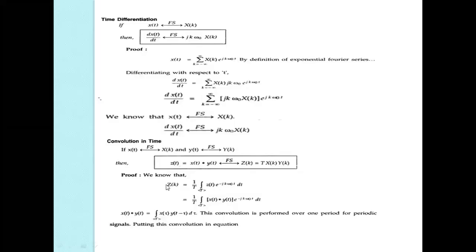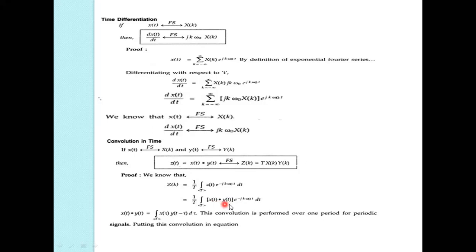To see that convolution, here also you can observe z of k is equal to 1 by T the integral T, z of t e power minus jk omega naught t dt. And z of t we have to take as the convolution of the two signals x of t and y of t, so x of t convolved with y of t, e power minus j k omega naught t dt.